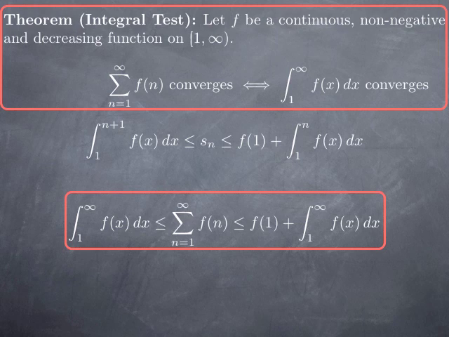So that gives us some way to estimate the sum. And we'll see in another video in this module that we can do better than that to estimate the sum. In fact, we can estimate it with whatever accuracy we want.